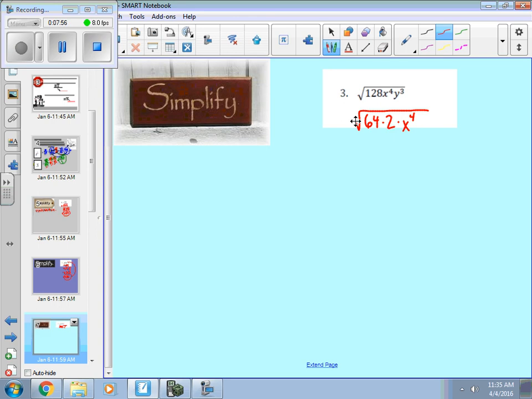And then we get this y to the 3rd power. Now, square root of y to the 3rd power does not come out nice because remember when you're doing square root, it's like there's a little 2 there, and 2 doesn't divide into 3. So just like we did with the number, we're going to split the y up as well. We're going to split the y up as 2 and 1. That's still 3 y's under the square root. It's just that we want an even number for our exponent.